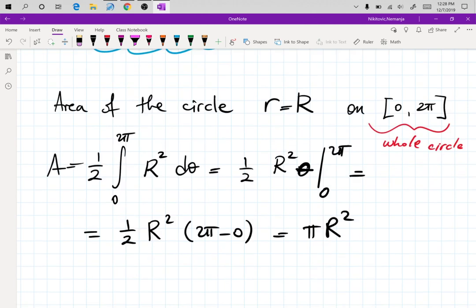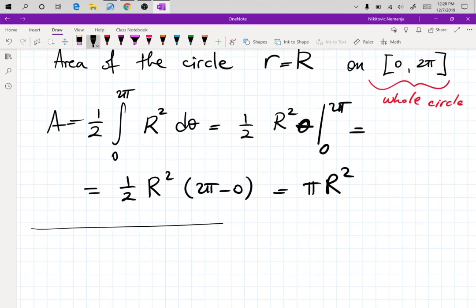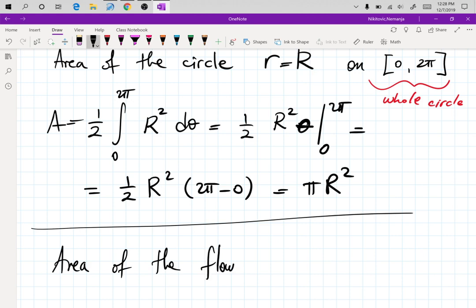Say no more. We want to see what's the area of that flower we've been talking about for so long. Area of the flower, r equals 4 sine 2 theta. I think we beat this example to death.